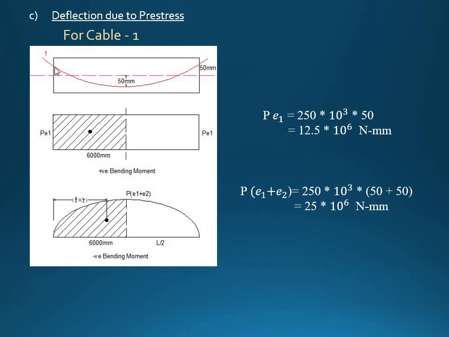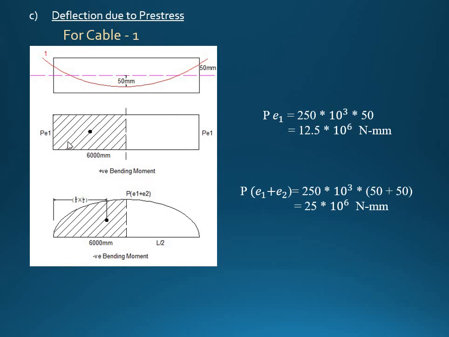Whatever portion of the cable is present above the neutral axis is considered as a straight cable, and for that it's a rectangular variation. And the sign for bending moment is positive. Always remember, bending moment will be positive when the cable is present above the neutral axis. This portion is present above the neutral axis, so I have written positive bending moment.